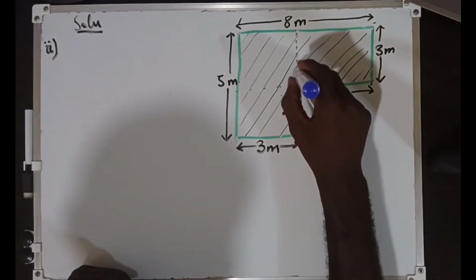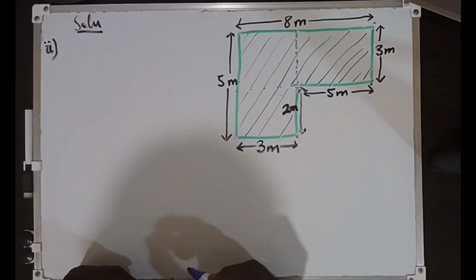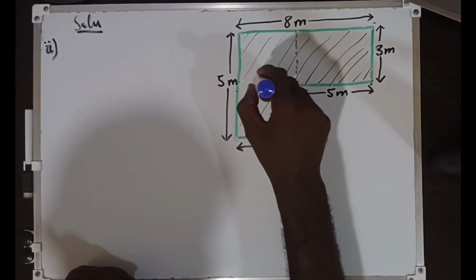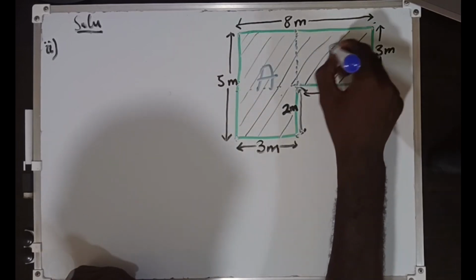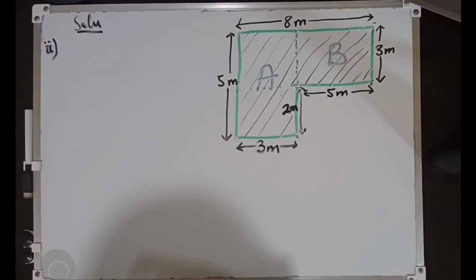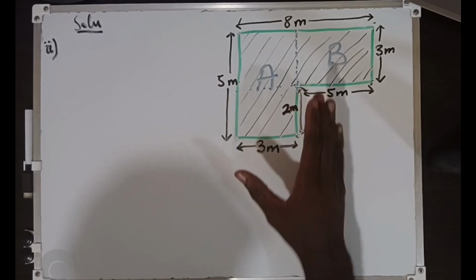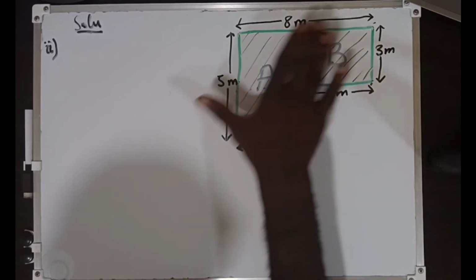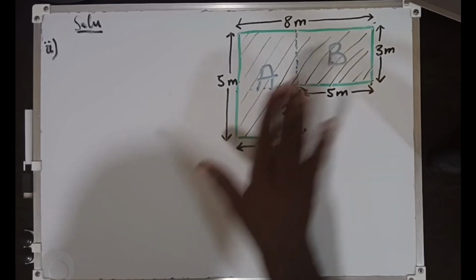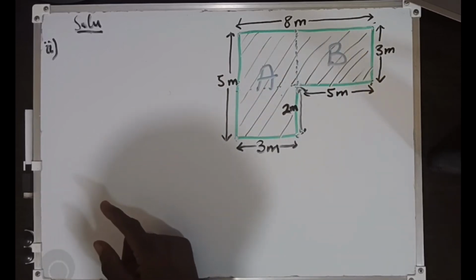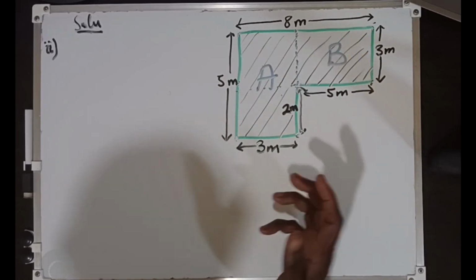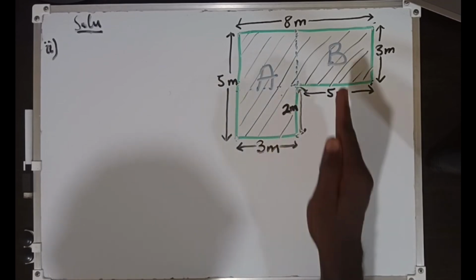Okay, so let's do it this way. Let's say that we have the dotted lines to the top, so that this becomes region A, and this becomes region B. If you do it this way, you will need to redraw this particular diagram in your answer sheet so that whoever is marking will know that this is what you did.